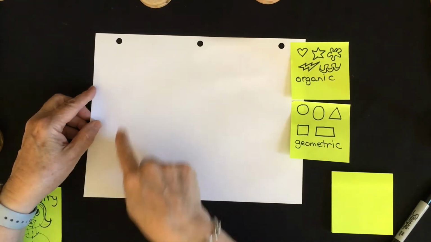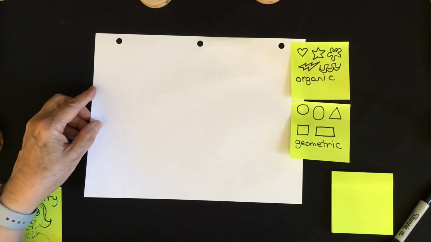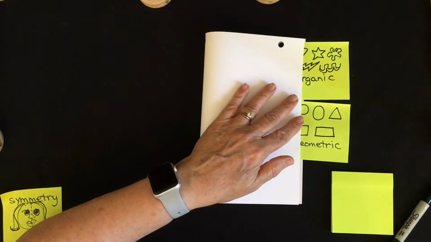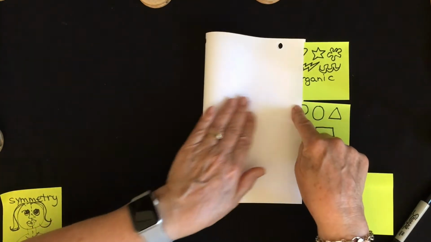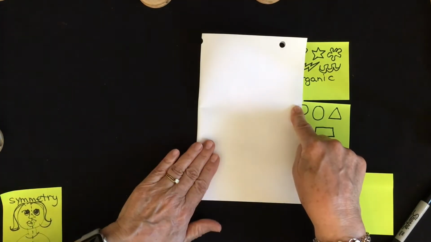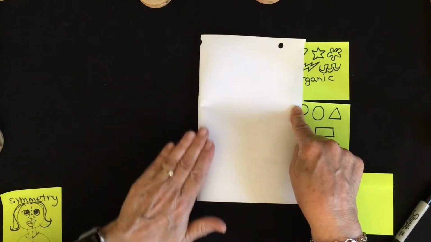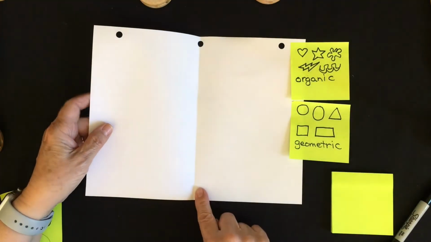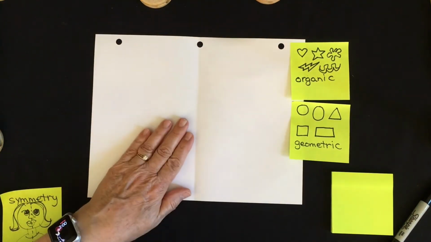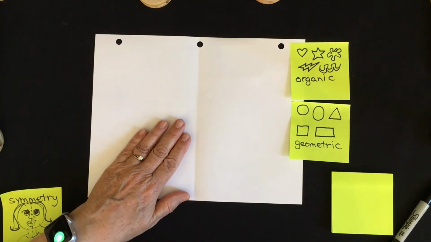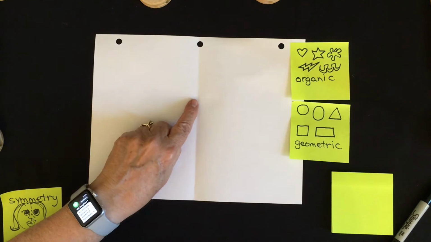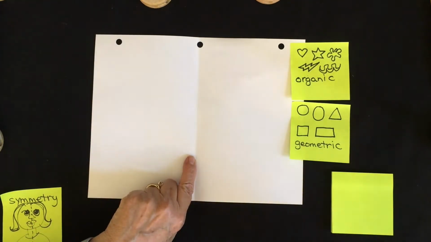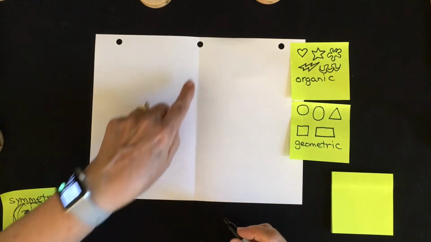Notice I have this positioned landscape or horizontal. I'm going to take this side and match up the corners and make a gentle little fold. Not a hard fold, just gentle. I'm pressing gently, so that when I unfold it, you can see the fold right in the middle. What I've just done is determine where exactly the middle of the paper is, and this is where I'm going to draw my butterfly's body.